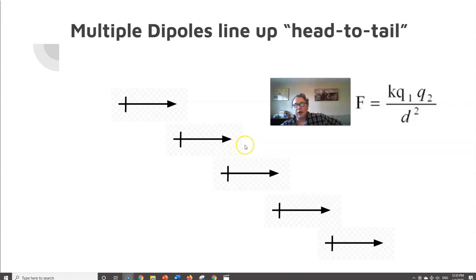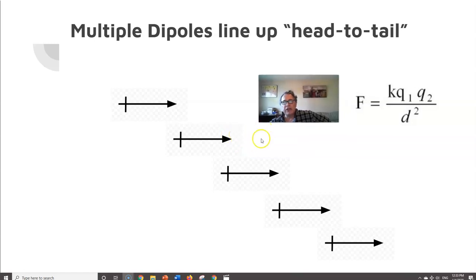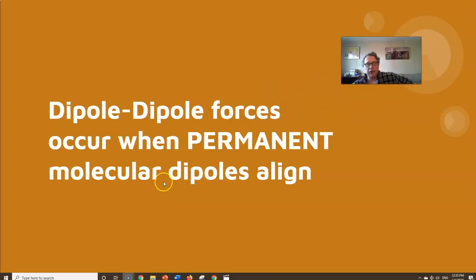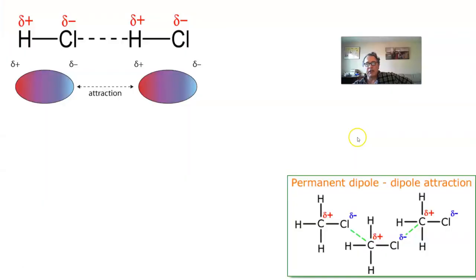Now, remember, when we talked about London dispersion forces, we were talking about instantaneous dipoles and induced dipoles. Now we're going to talk about permanent molecular dipoles with dipole-dipole forces. And these in general are stronger than the London dispersion dipoles, instantaneous and induced dipoles, that you were introduced to last time.